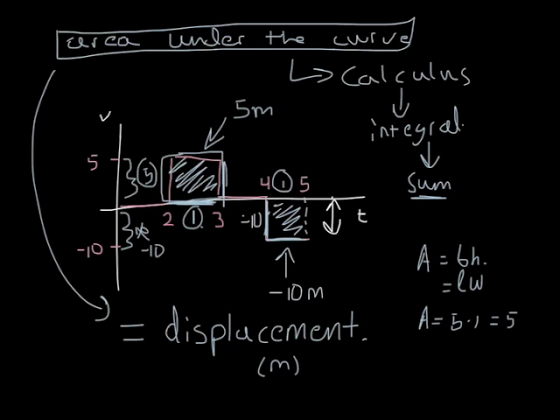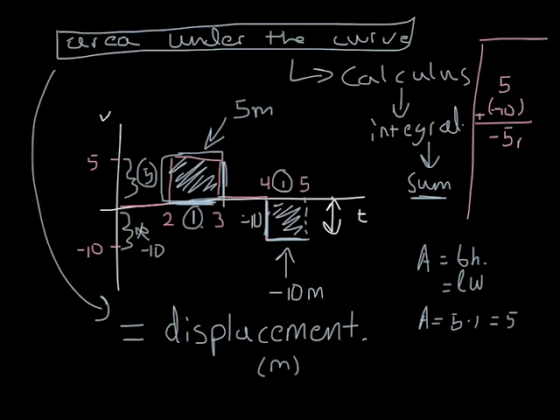If I look at the total area altogether, we're going to have 5 plus a negative 10. Let me put that in parentheses so we know it's negative. If I add those together, 5 plus negative 10 is negative 5, because the 10 is more negative than the 5.